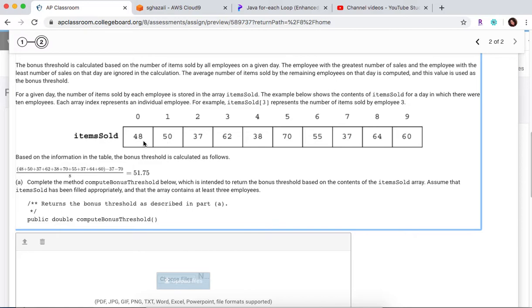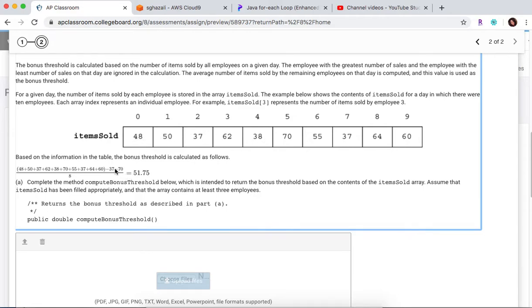That's it. So you're basically taking the average of this, but making sure you leave out the biggest number and the smallest number. So if you see in the example they did, they added all the numbers up minus the lowest number, which was 37 in this example, and the biggest number, which was 70 in this example. And even though we have 10 numbers here, right?